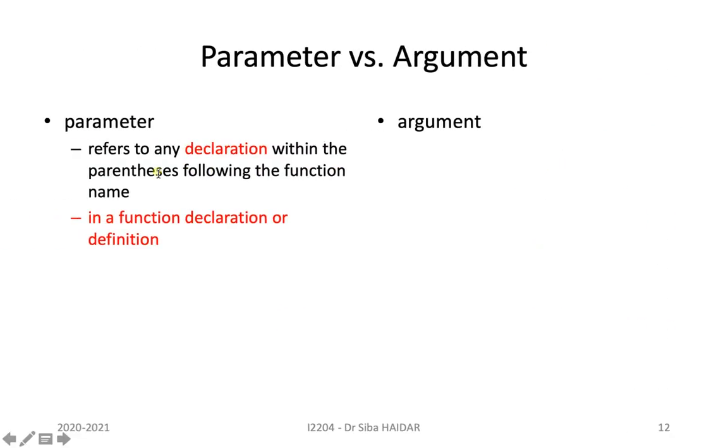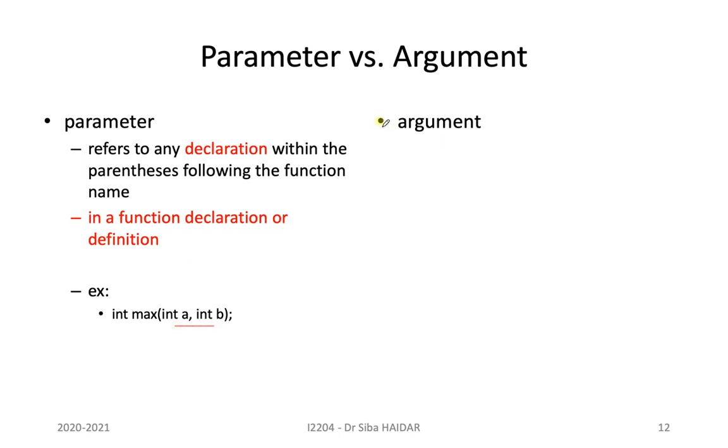And so on. For example, when you have int max, int a, comma int b, there is a declaration and a declaration inside the parentheses. So a and b here are called what? Are called parameters.